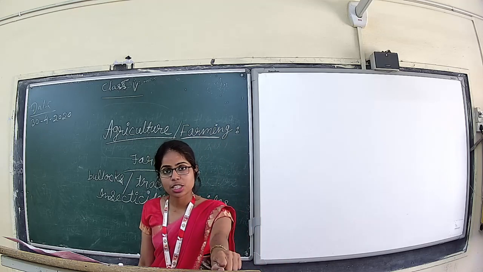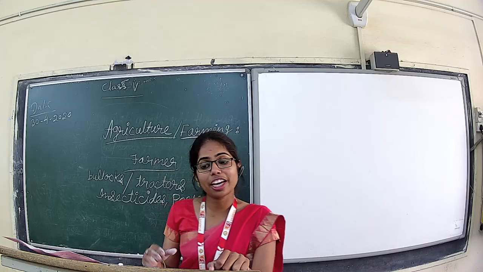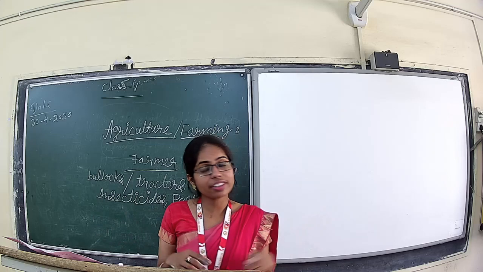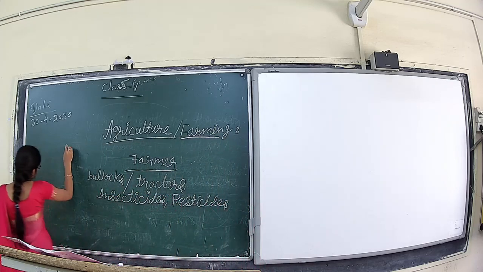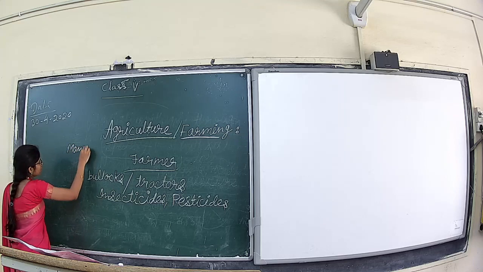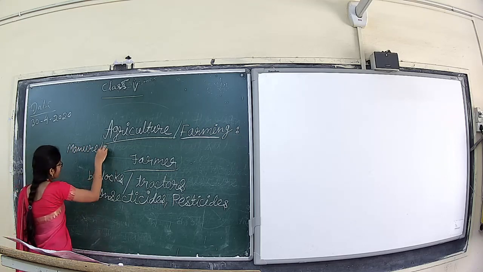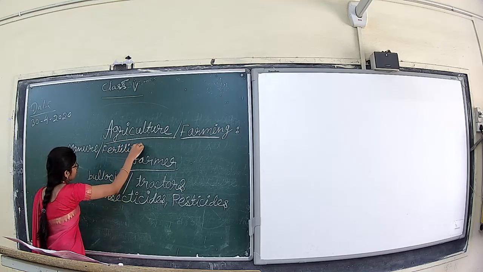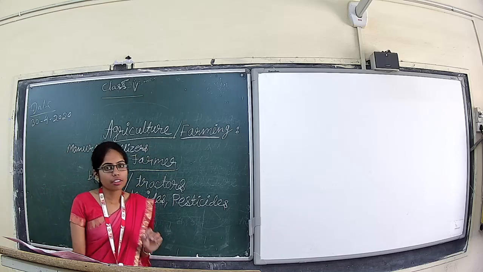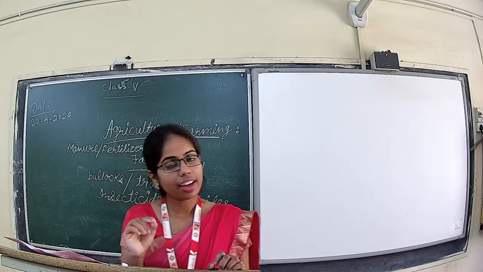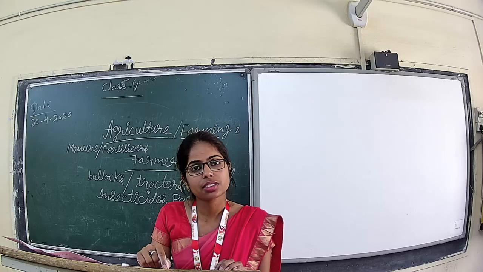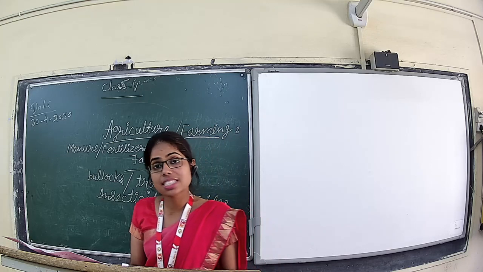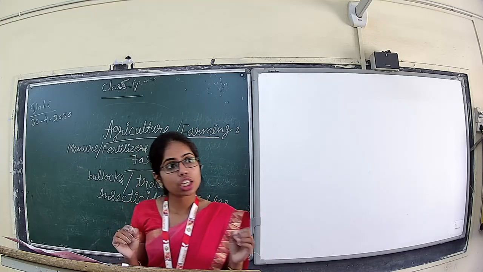But as we know that the population is increasing day by day, and we need more food crops to feed all. That's why manure or fertilizers are added to plants to increase the fertility or to increase the productivity of the crop.